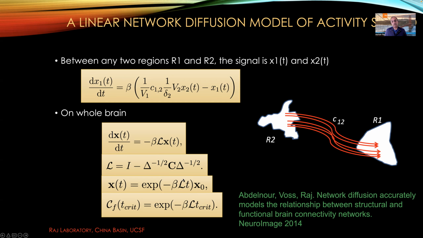But the key idea in this approach is that the connectivity matrix imposed by this graph diffusion, that is C of F, is nothing but this graph kernel or graph exponentiation evaluated at a certain time t crit that can be empirically estimated. This was the subject of a paper we wrote in 2014 on a network diffusion model of brain activity.